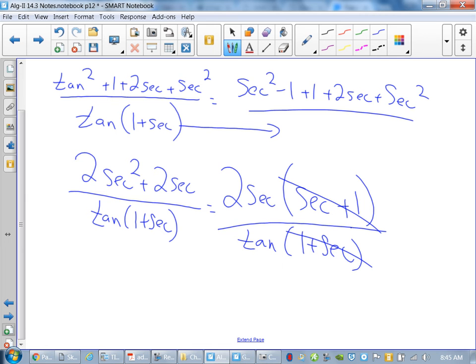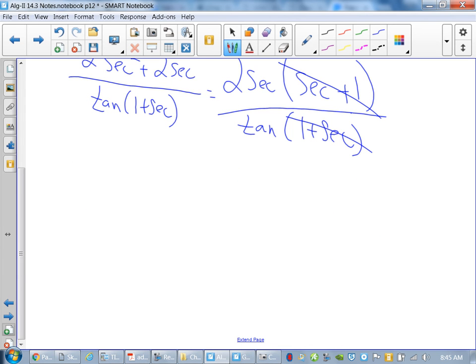So lastly then, I'm going to rewrite secant and tangent in terms of sines and cosines. So if I do that, I'm going to get, let's slide this up. Is everybody okay up to this point? Not as fuzzy as it was 3 days ago, I hope. So this is the same thing as saying 2 over cosine, because it's 2 times secant, 2 over cosine, divided by sine over cosine.